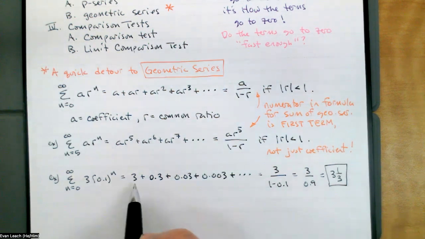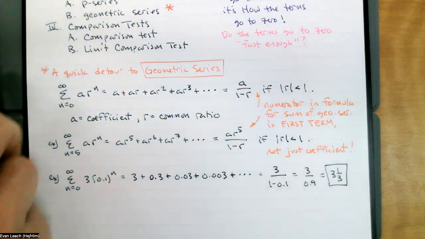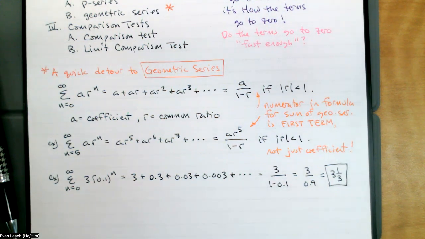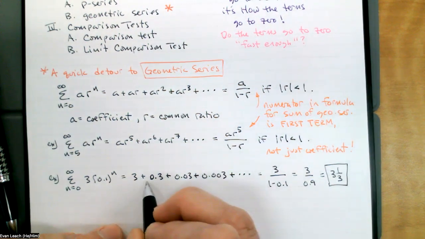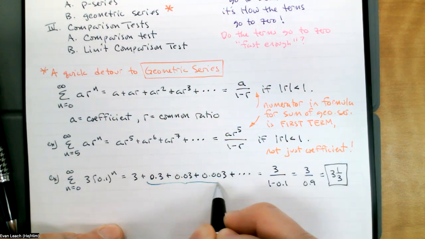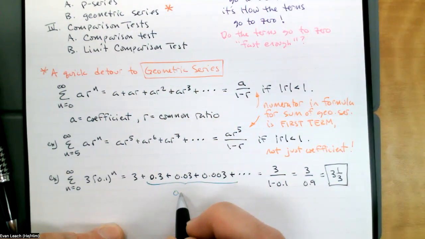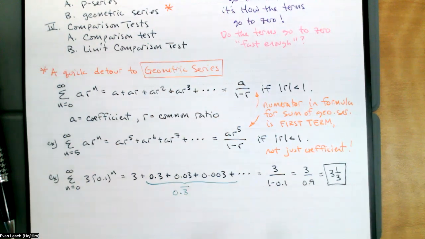So we can see here's the 3, and then here is the 1/3. So it's 3 1/3.